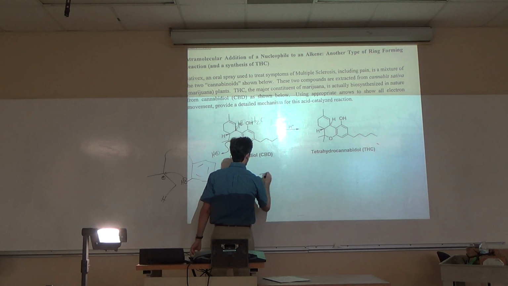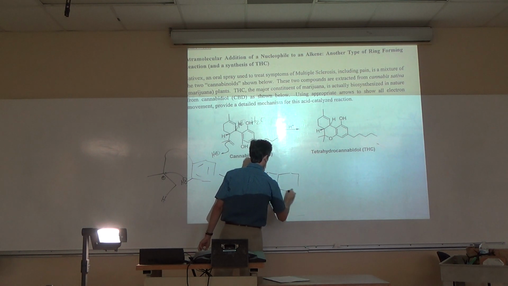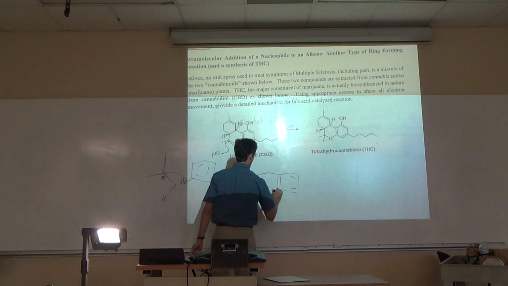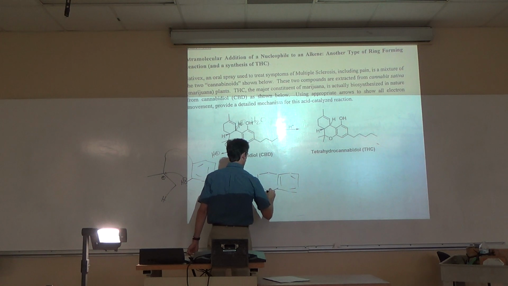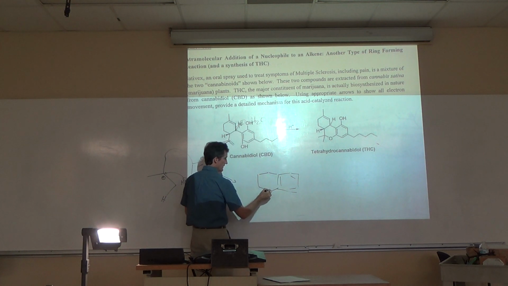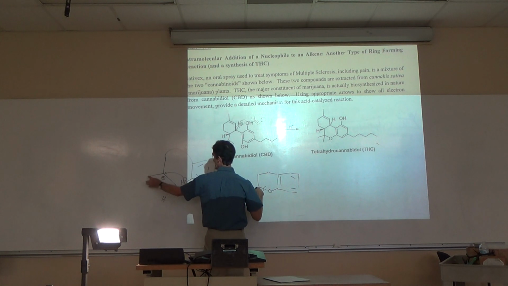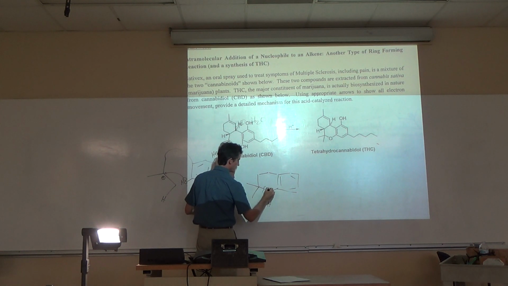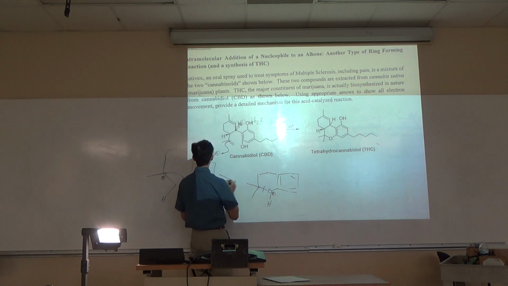And so you're going to get the oxygen, we just made that bond. This carbon has two methyls. That's a methyl and a methyl. There's still an H there, and that's a positive charge.